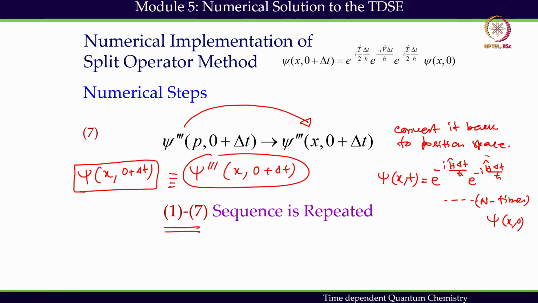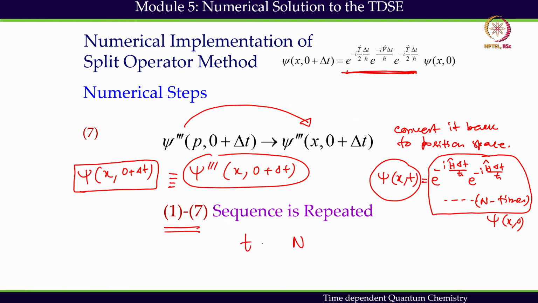So, I have to repeat this short time propagation for delta t, which includes all three terms here, n times, so that I can get the desired time. And n times why?